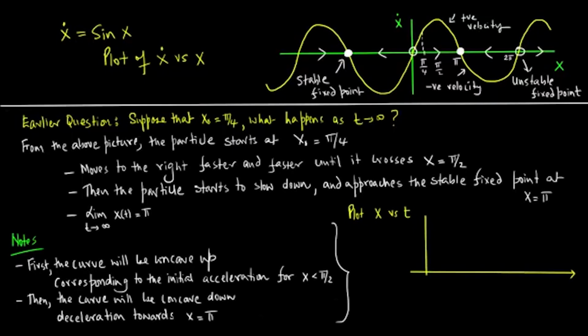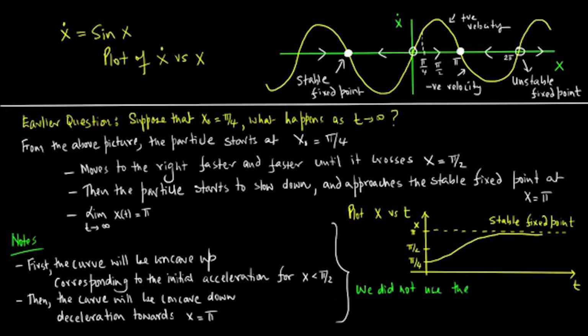We first highlight x is equal to pi, which is our stable fixed point. Highlight pi on 2 and pi on 4, which was our initial condition, and that's the curve of x versus t. Observe that we did not use the analytical solution to actually answer the above question.